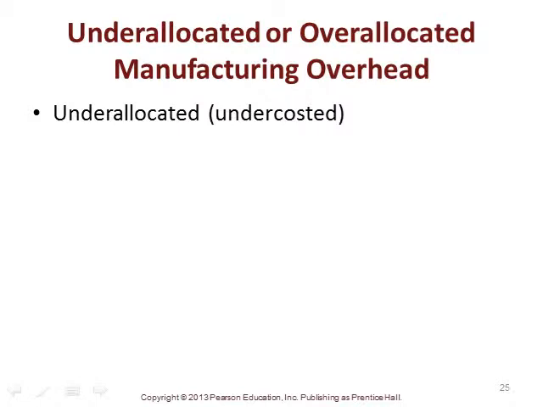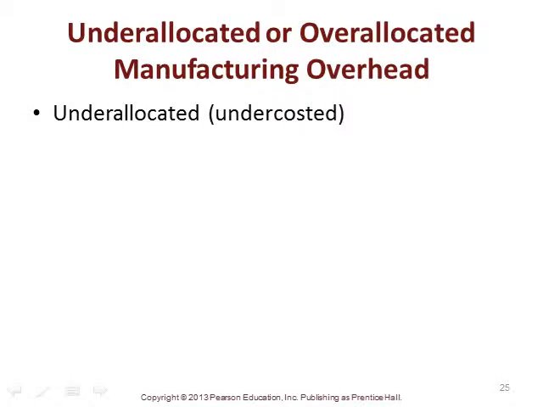Whereas we have an underallocated example, where we're undercosted, we just looked at where we were over applied. You could also be going in the other direction, and you could easily understand that. So suppose the opposite happened. My actual overhead ended up being $220,000, and I only produced 8,000 units, but through the year, I allocated at a predetermined manufacturing overhead rate of $20. So in that case, you can see that my costs were higher, my units were lower.